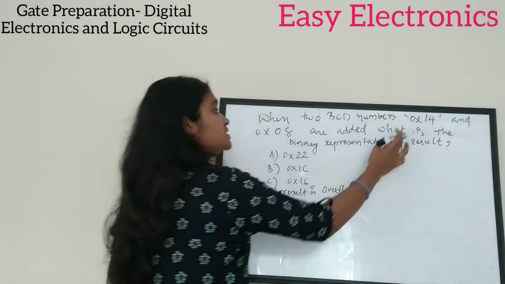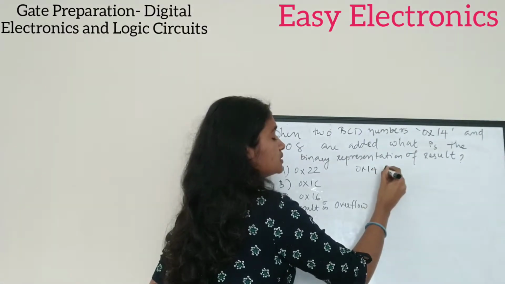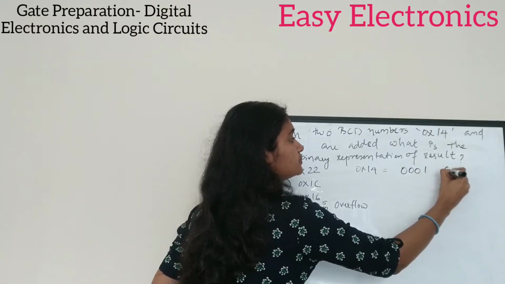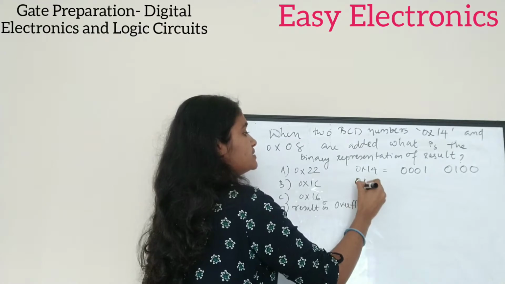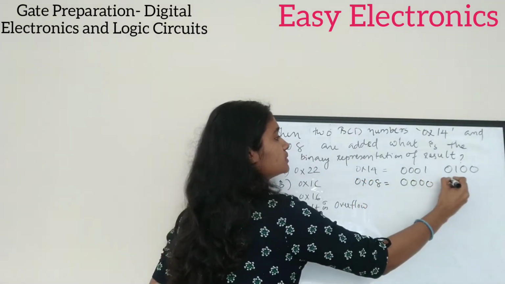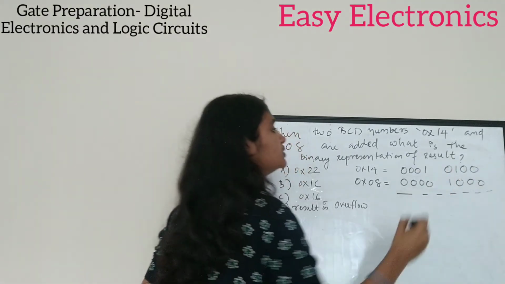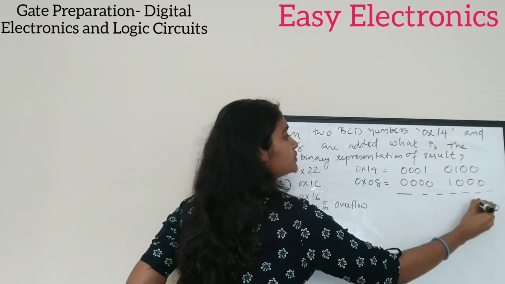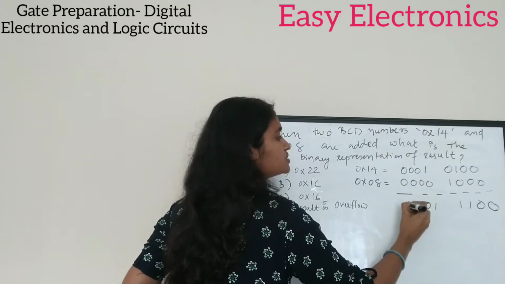So the BCD format of 0x14 is, and 0x08 can be represented as. Now add these two and the result will be 0, 0, 1, 1, 1, 0, 0, 0.